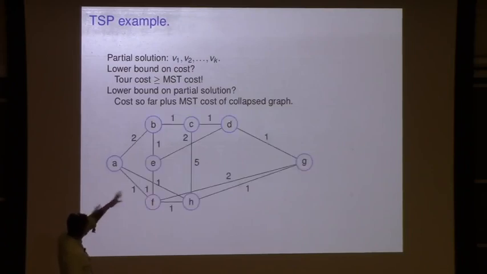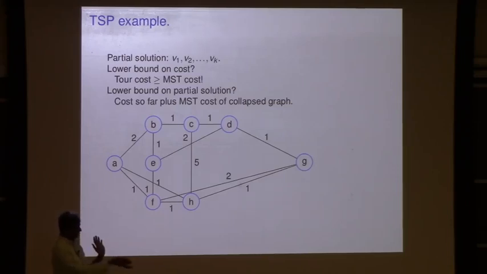This is the TSP. You have some set of objects, cities, and you have distances between them, and you want to find the tour that minimizes the cost. The problem comes from back in the day when you had traveling salesmen, and that's why they named it.